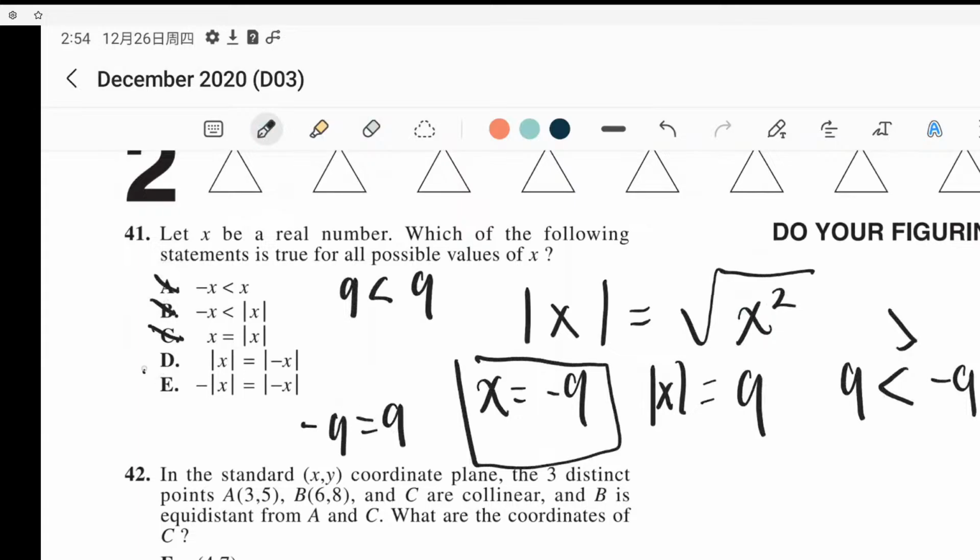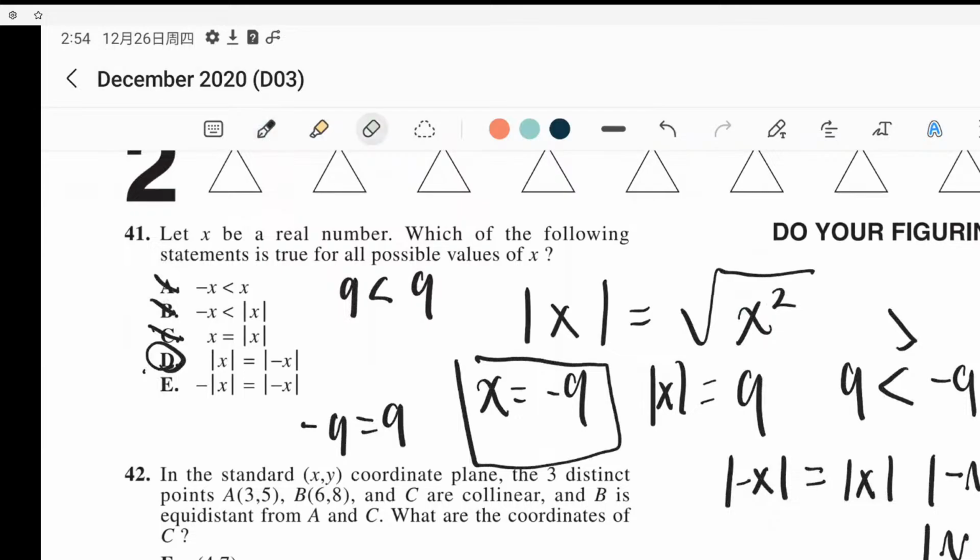D is the only correct answer because absolute value of negative x will equal absolute value of x. If we consider any positive or negative integer, for example negative n, absolute value of negative n will give you n, absolute value of positive n will give you n, so they should be equal. So D is the only answer.